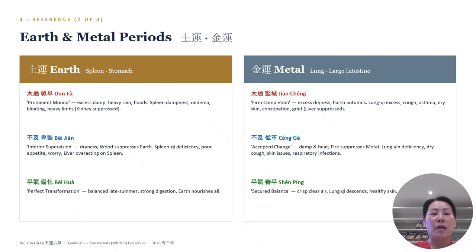In deficiency, Cong Ge, accepted change. Damp and heat take over as fire suppresses the weak metal. You see lung insufficiency, dry cough, skin conditions, and respiratory infections. And balanced, Shen Ping, secured balance: crisp, clear autumn air, the lung qi descending smoothly, healthy, resilient skin.